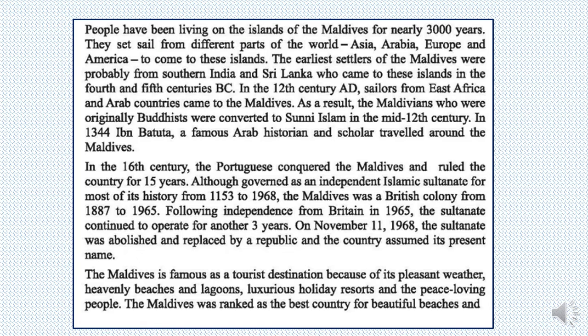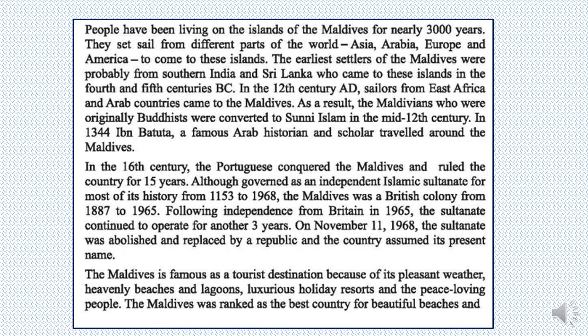In the 16th century, the Portuguese conquered the Maldives and ruled the country for 15 years. Although governed as an independent Islamic Sultanate for most of its history from 1153 to 1968, the Maldives was a British colony from 1887 to 1965.